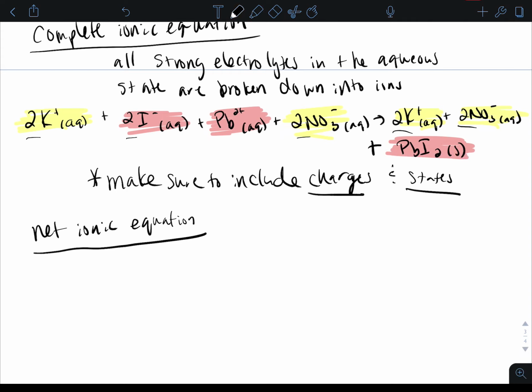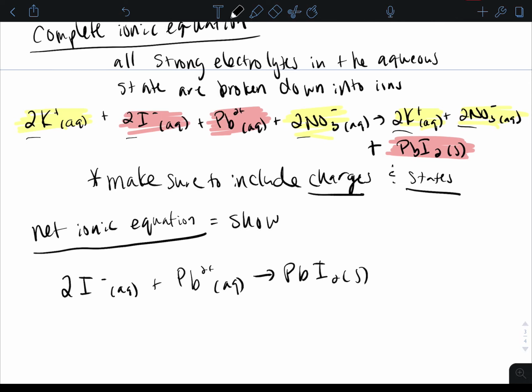So we're going to have 2I− plus Pb2+ combined to produce PbI2 solid. That'd be our net ionic. And it's what's actually happening. Everything else is just hanging around and not doing anything. So our net ionic shows the actual reaction.